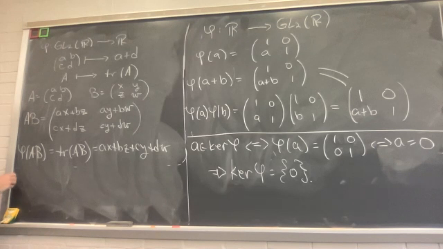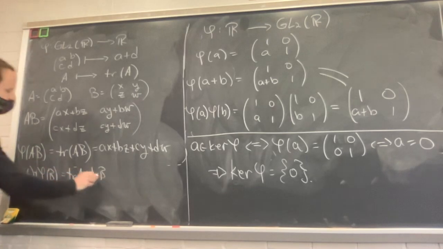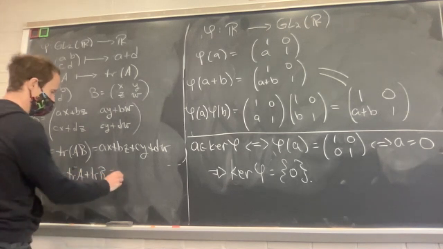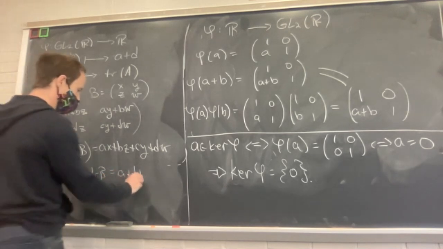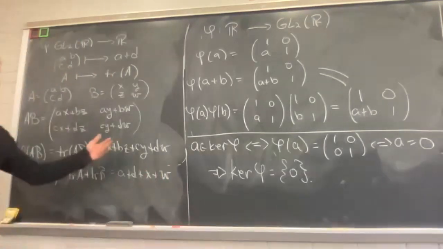Then let's look at phi of A plus phi of B. That's the trace of A plus the trace of B. Keep in mind that we are in the additive real numbers here. That's going to give us A plus D plus X plus W. Those are not the same, right?